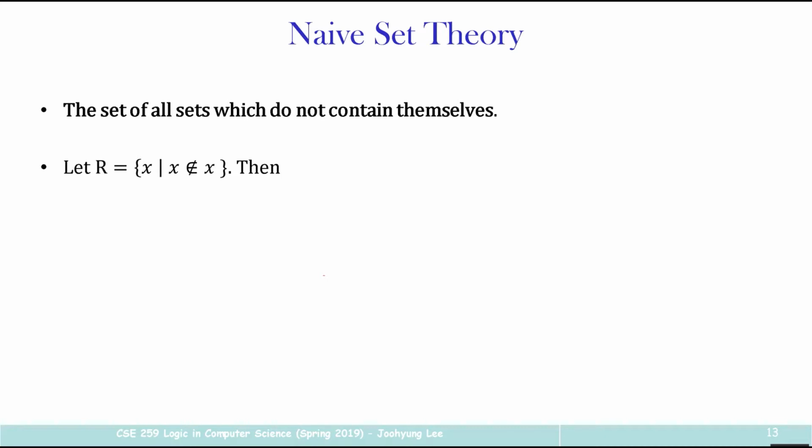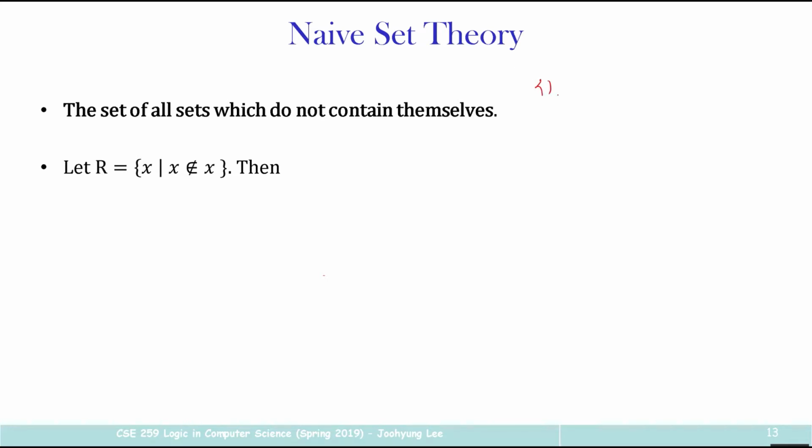So let R be a set of elements X such that X does not contain X. In other words, X is not a member of X. If you remember the previous slide, we saw many examples of that kind.